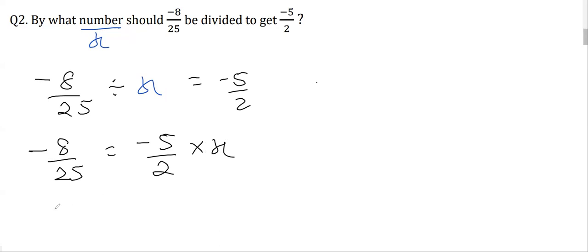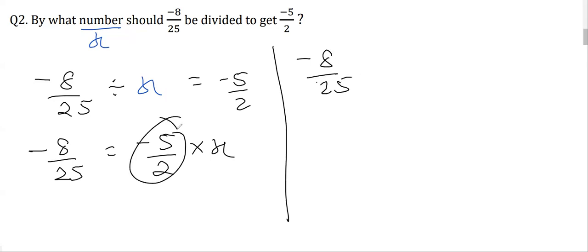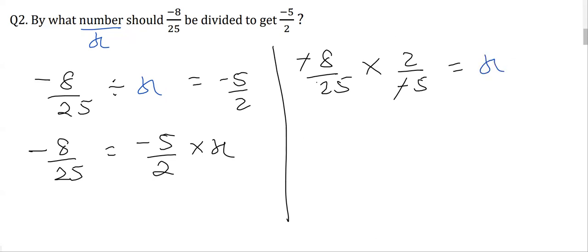If I do so, minus 8 over 25 gets multiplied by the reciprocal, which is 2 over minus 5, or you may write minus in the numerator as well. Now, minus and minus get cancelled here, and on the right-hand side, we are left with x.